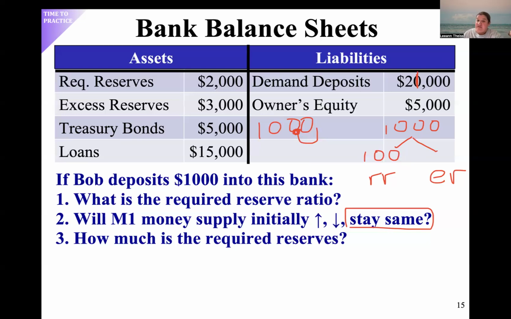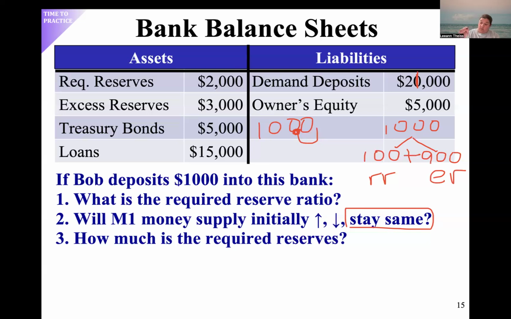That means everything that's left over after we've put that $100, the 10% to meet the legal emergency fund requirement, gets to go into excess reserves. So $900 here is going to go into excess reserves. And when you add those two numbers up, they should total the amount of the deposit.